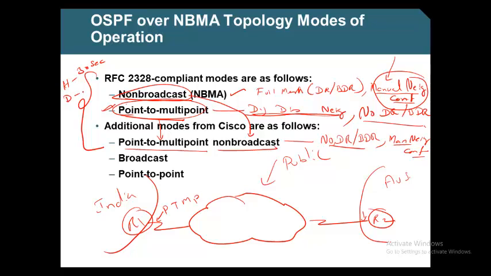It is not 10 and 40. In a LAN environment, it is 10 and 40. This is a non-broadcast environment: 30 and 120. In all these three, it is 30 and 120.